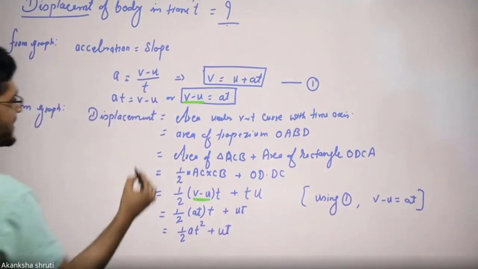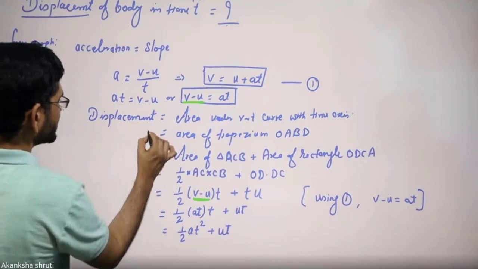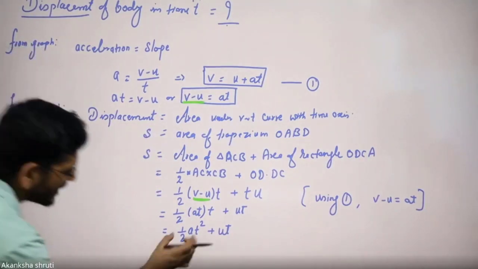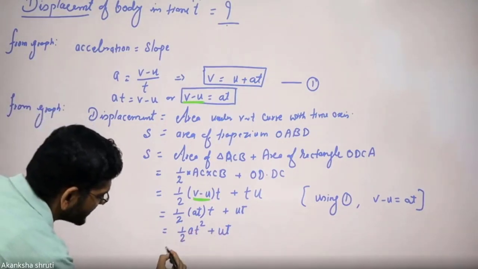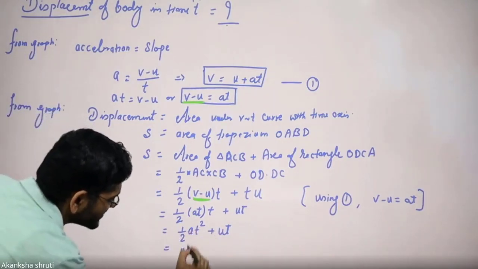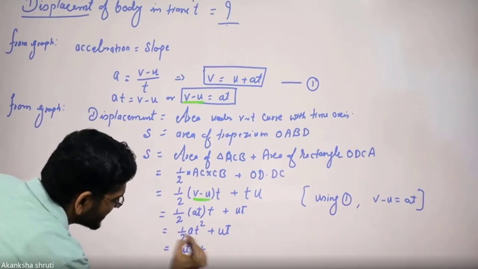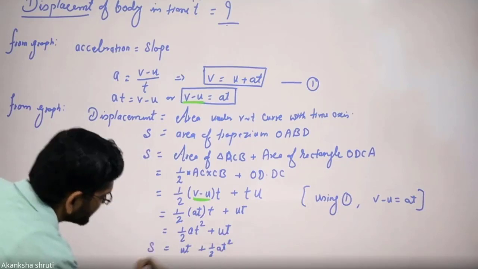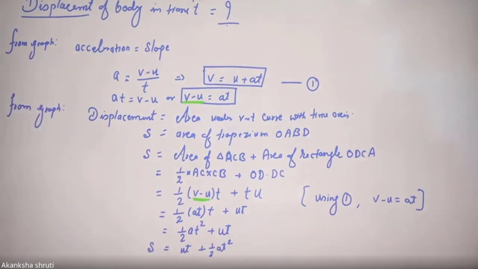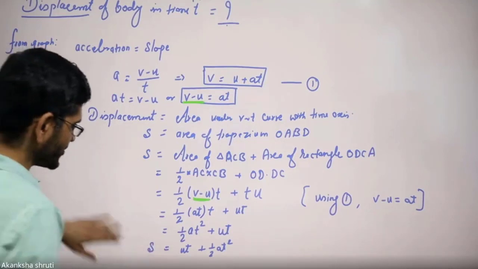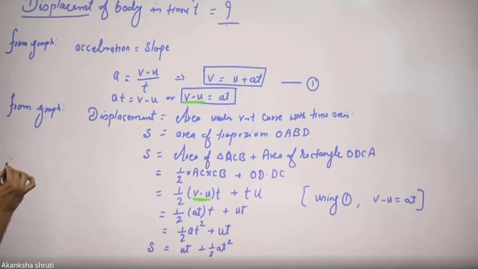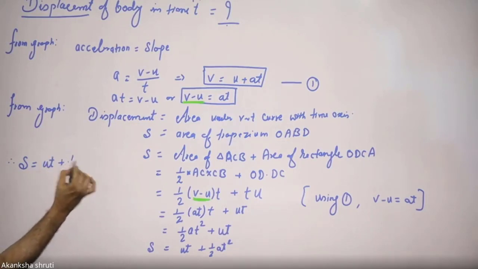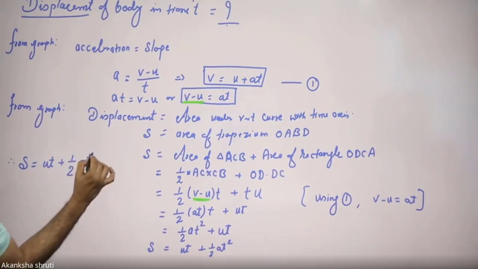Students, displacement is commonly denoted by this symbol S. So on the left hand side we can write this. These are the two terms. It is the same as, let me write UT first and this half AT next. Just we have rearranged this term. So what we are getting, students, this way we have reached that S is equal to UT plus half AT square.